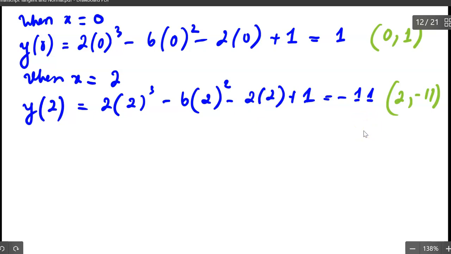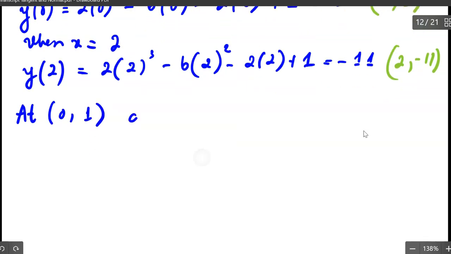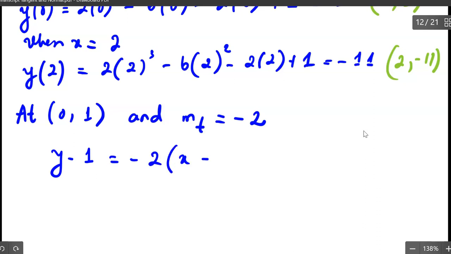Okay, then at the point of 0, 1, and my m_t is equal to minus 2. So I can write it as y minus 1 equal to minus 2 times x minus 0.